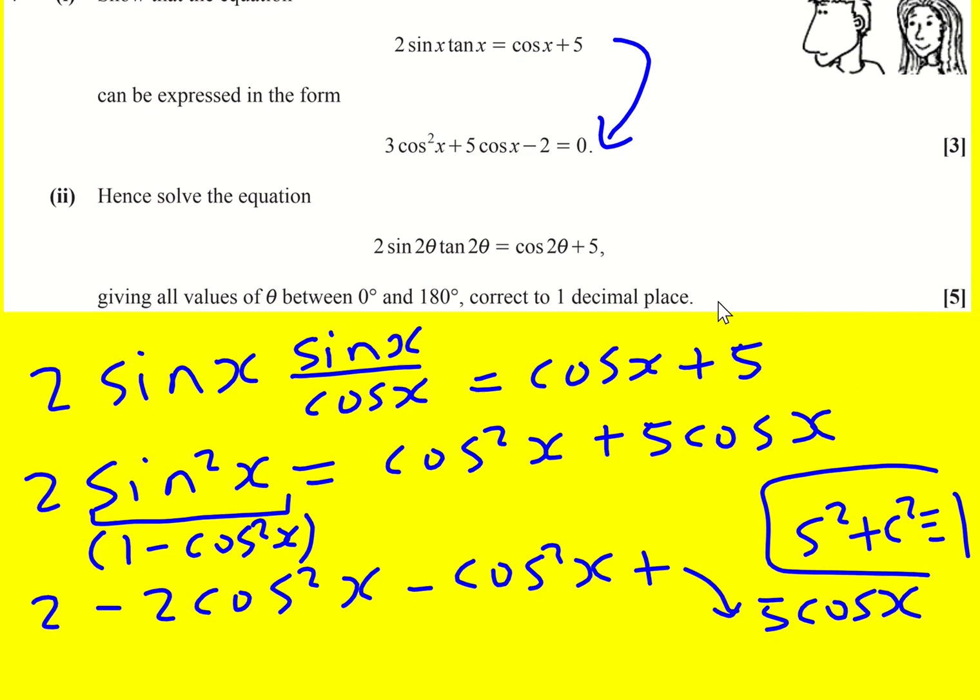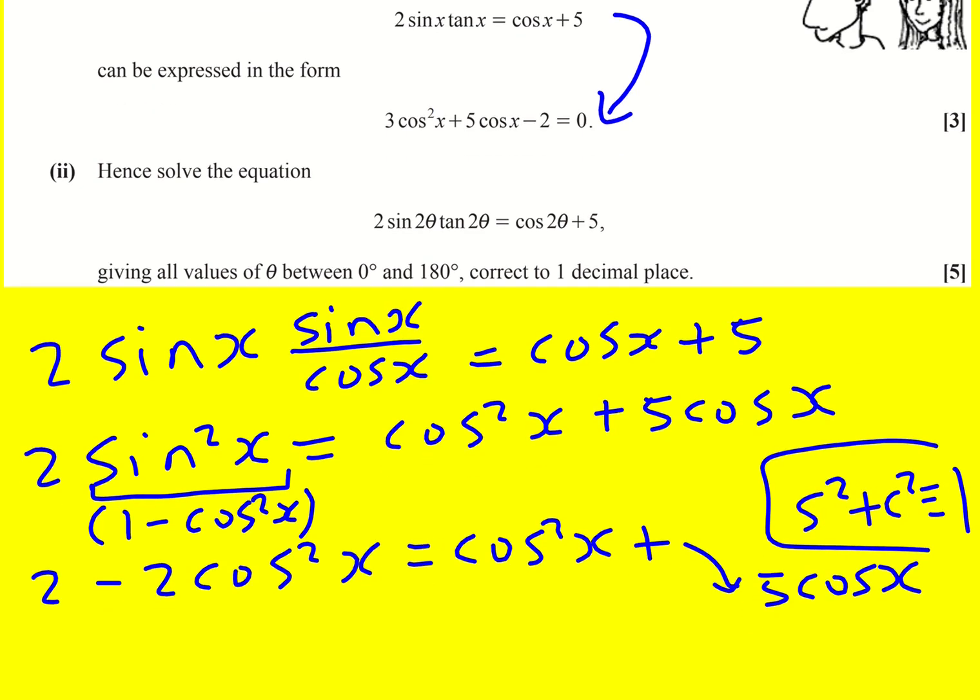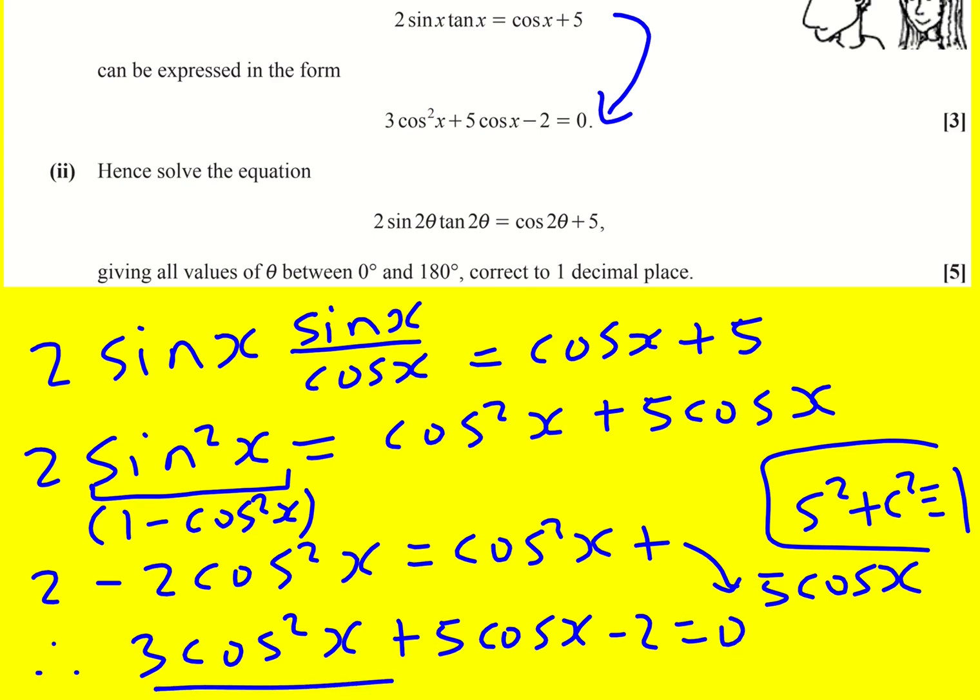And I'm nearly there. I can see I'm going to add the 2 cos squared to both sides, and I'm going to minus a 2, and then I'm going to get the answer: 3 cos squared x plus 5 cos x minus 2 equals 0, and we've shown it.